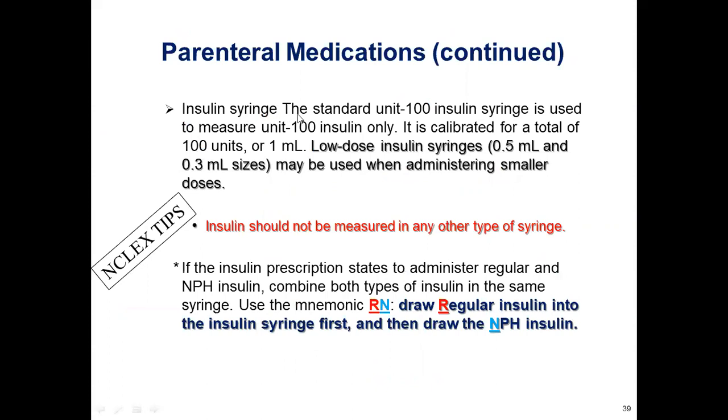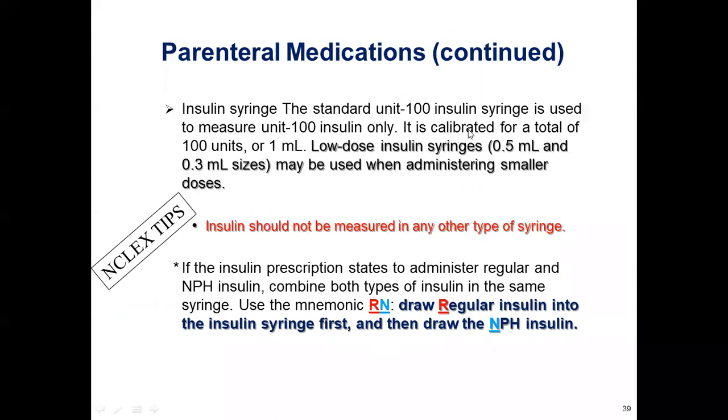The standard unit is the 100 insulin syringe, which is used to measure U-100 insulin only. It is calibrated for a total of 100 units or 1 ml.